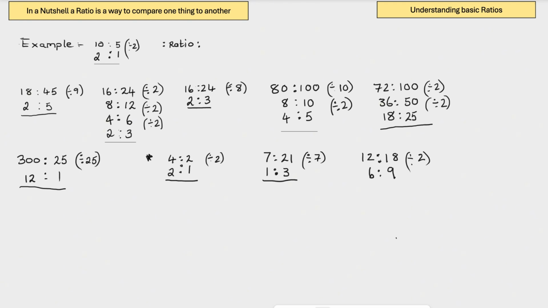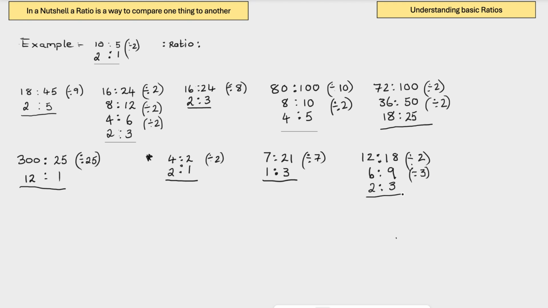Okay, what else can we do? We can simplify that. We can't do 2, but we can do 3, because 3 goes into 6 twice, and 3 goes into 9 3 times. So there you go. It's fully simplified, 2 to 3.